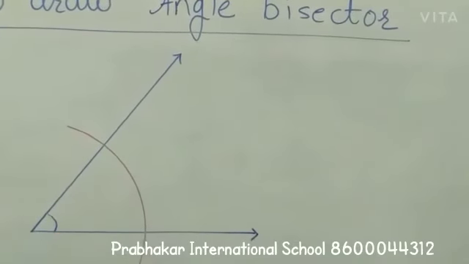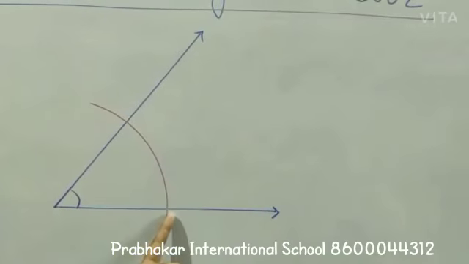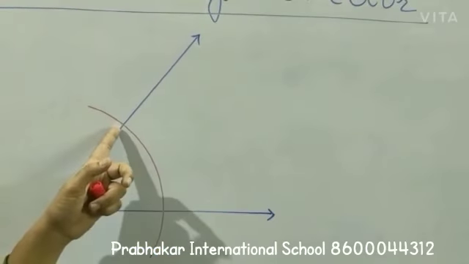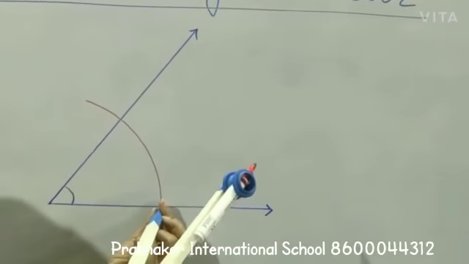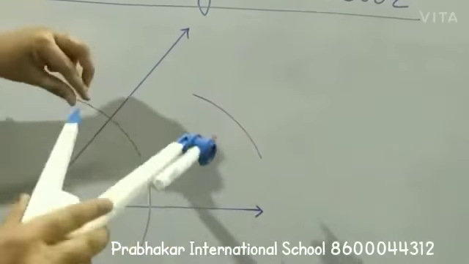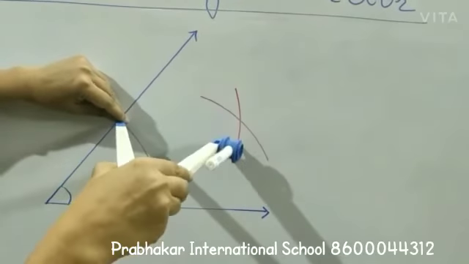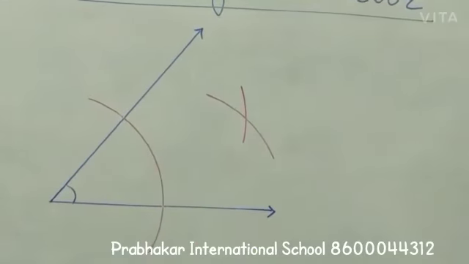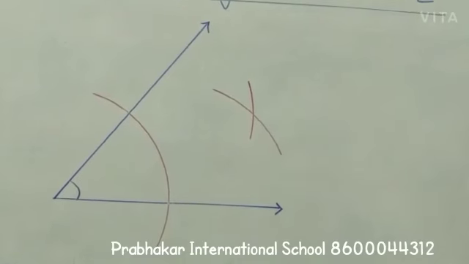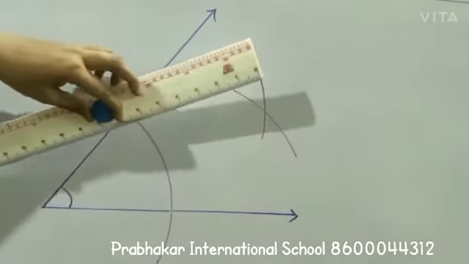So place it on that point and here also, and place it on this point and here also. So this way what you can do, you can draw angle bisector. See, I will join this vertex and that intersecting point. So like this you can draw it.